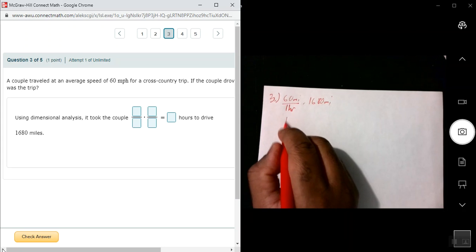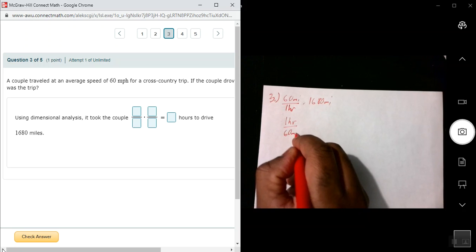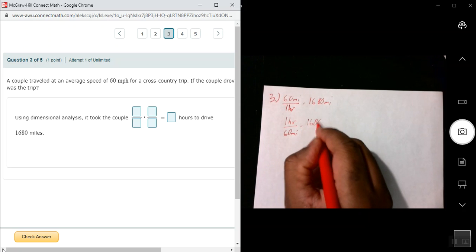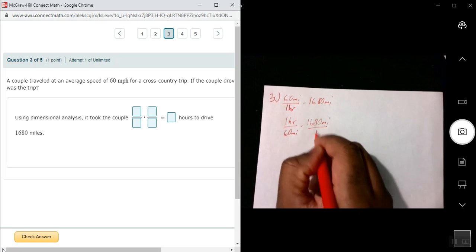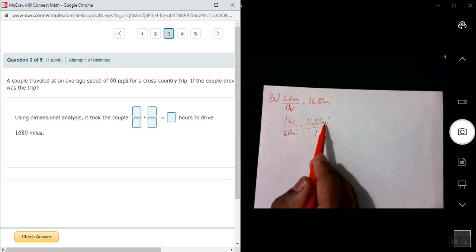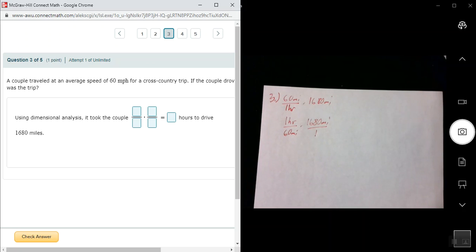So we will put the hours on top and the miles in the denominator, and we will multiply by the 1,680 miles over 1. The reason we did this switch is because remember, the units that we're simplifying out must be diagonal from each other.